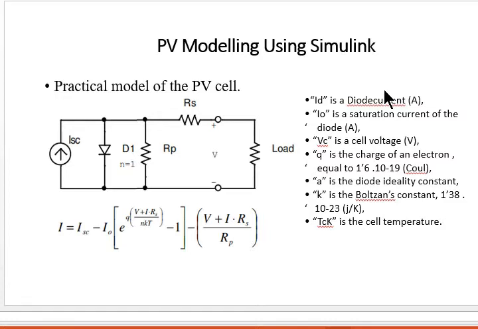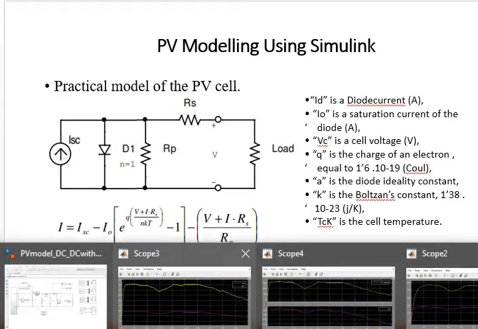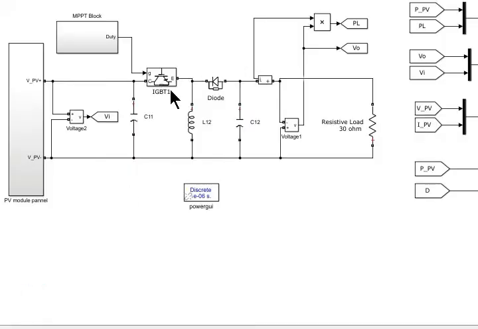Today we will discuss the modeling of a PV in Simulink, followed by an MPPT, the maximum power point tracker, and this is the DC-DC converter. This DC-DC converter will be operated by this MPPT to extract the maximum power from this PV module.